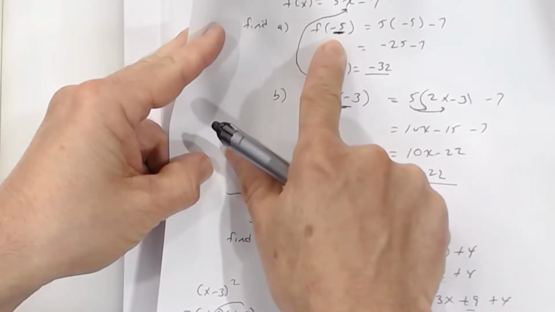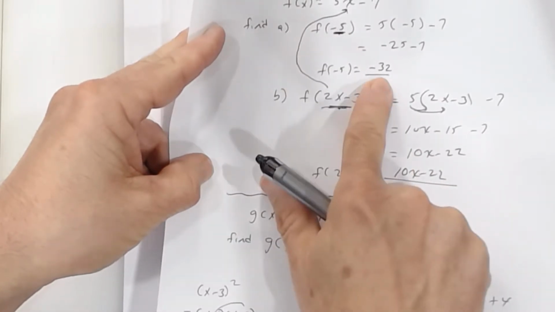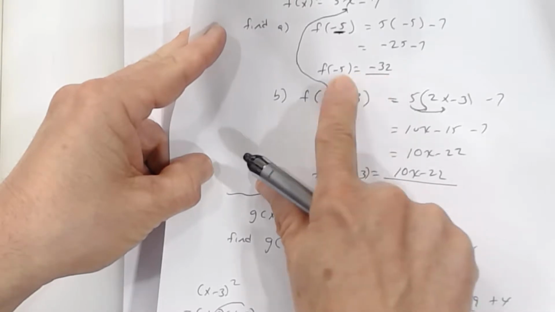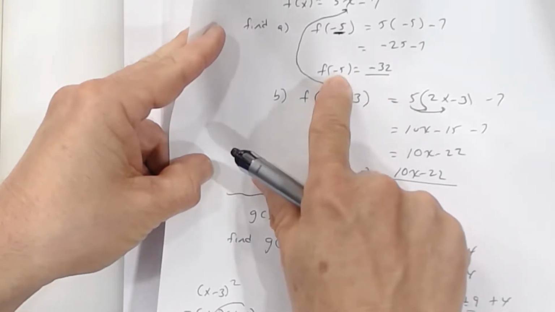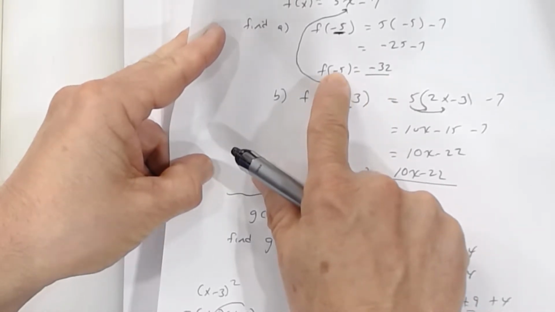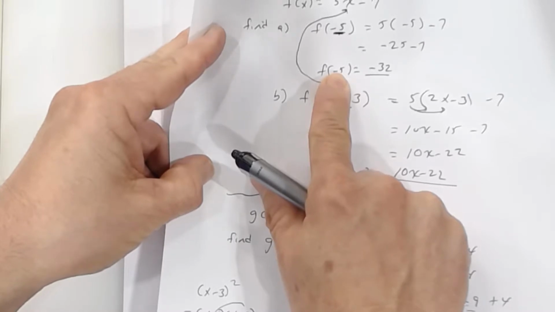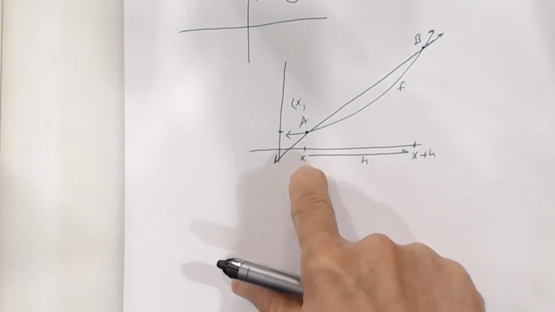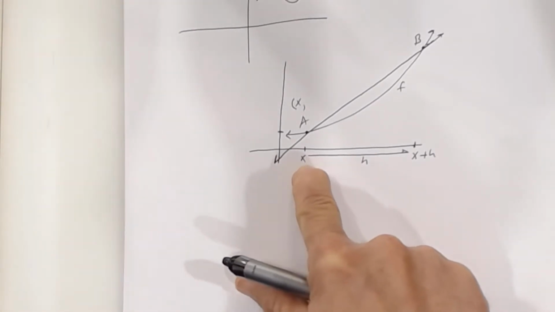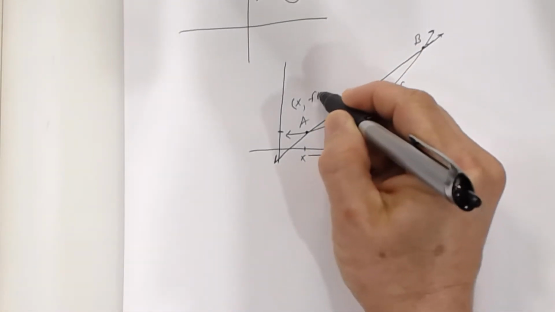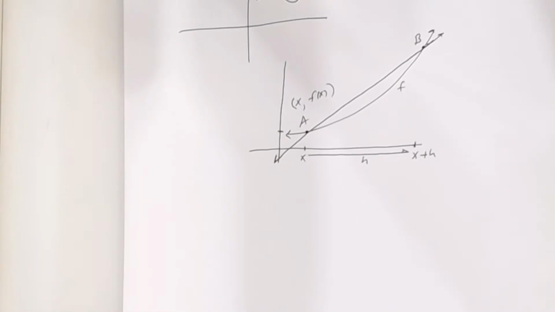Remember, this is your x, this is your y. So if my x coordinate is 5, then I would say let's find f of 5. If my x coordinate is 2, I would say let's find f of 2. If my x coordinate is x, I will say let's find f of x. Very good. That's all I wanted you to get to.